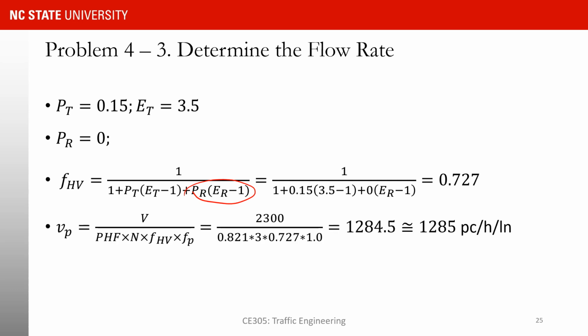So V sub P is equal to capital V over PHF over N over F sub HV over F sub P. That is 2300 divided by 0.821 divided by 3 divided by 0.727 divided by 1, which is our F sub P. That's going to give us 1284.5. We round it to 1285 passenger cars per hour per lane.